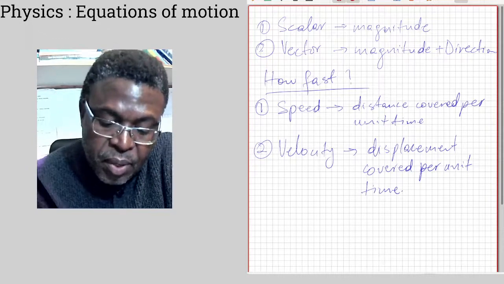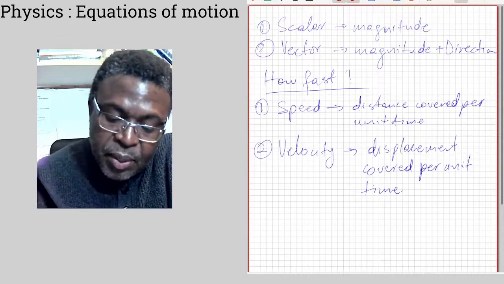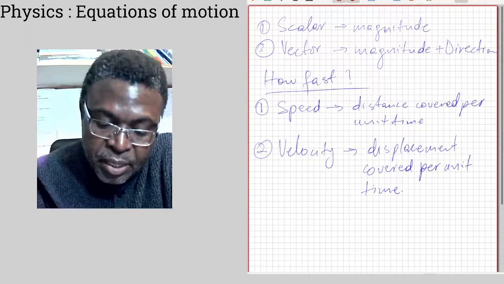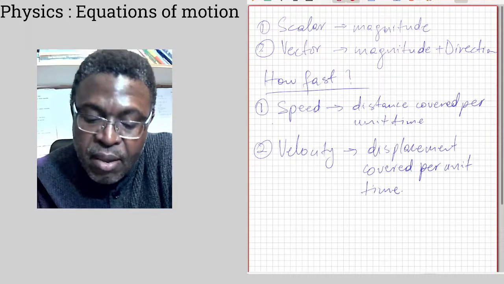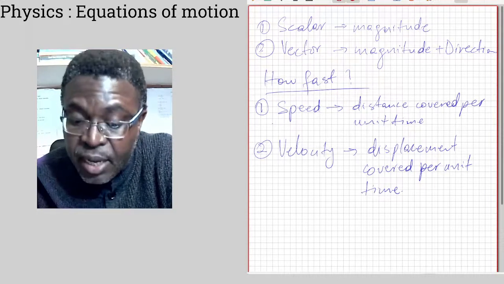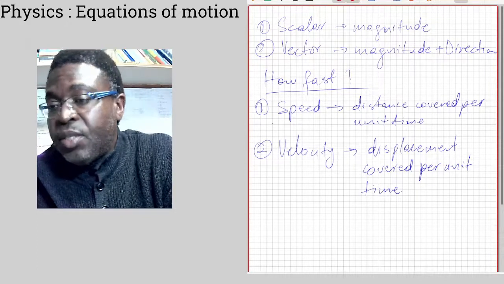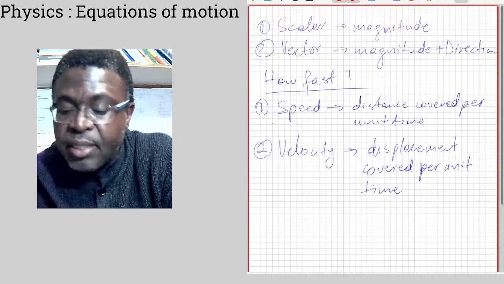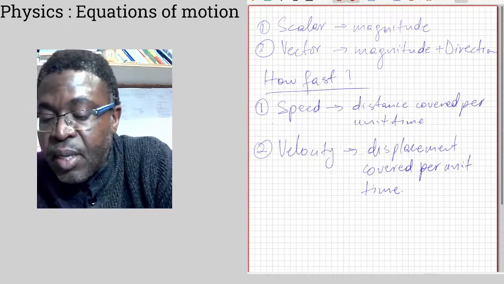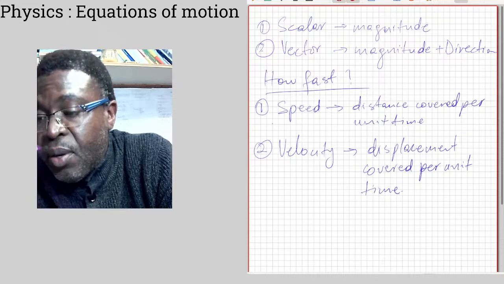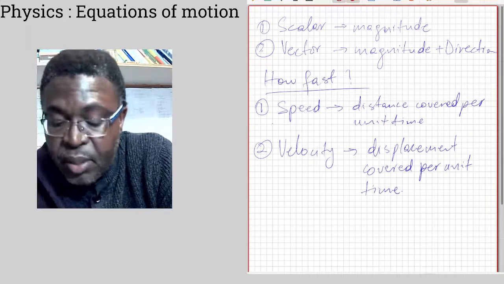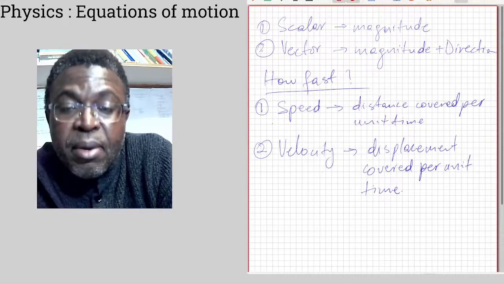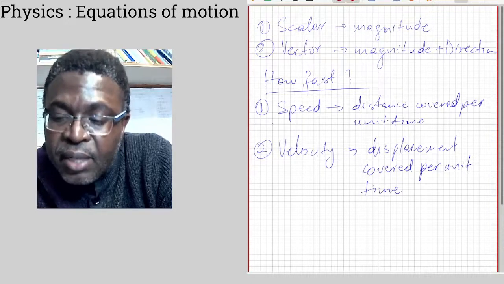Now, you must understand the following. How are we going to use the scalar and the vector? A speed is a scalar. A velocity is a vector. A speed is just how fast you're moving, meters per second. But velocity is also measured with the same SI units, meters per second, but the difference is direction.